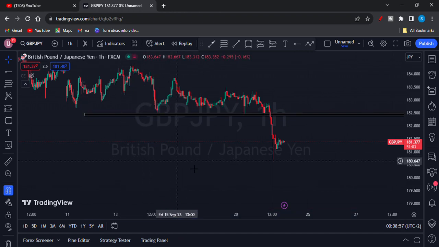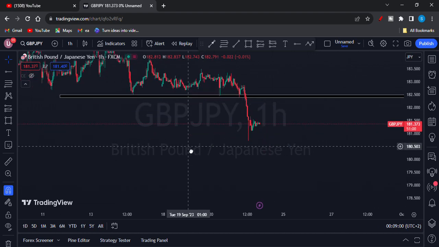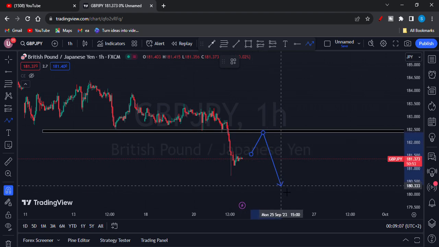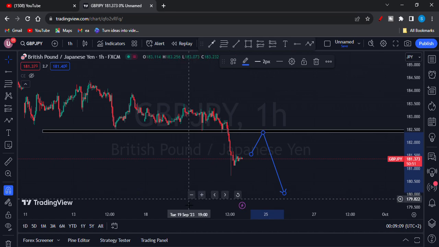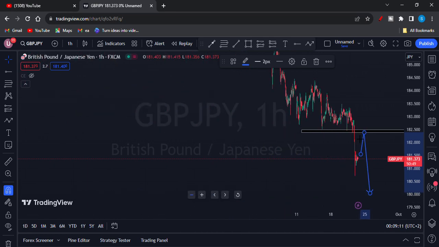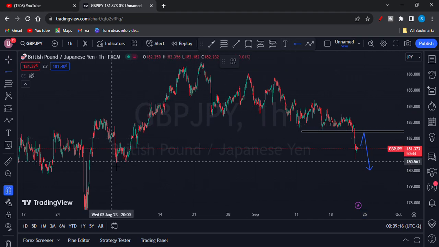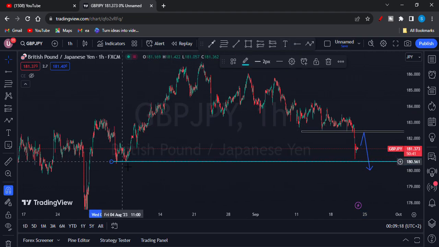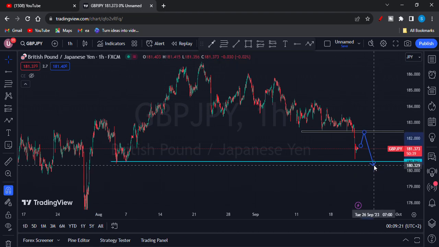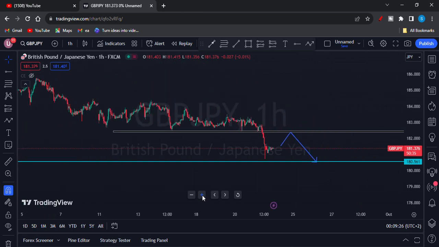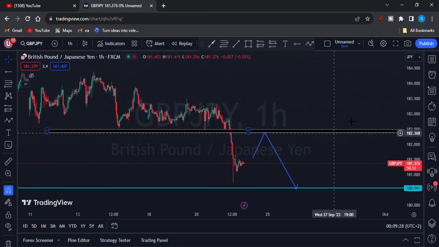Okay, so what I would like to see is a pullback around these areas and then continue to sell, and then potentially up to this double bottom right here. I would like to see something like this. So that's my analysis for GBPJPY.